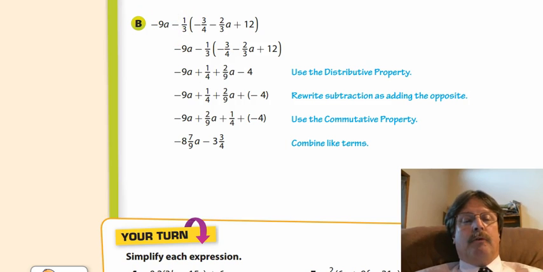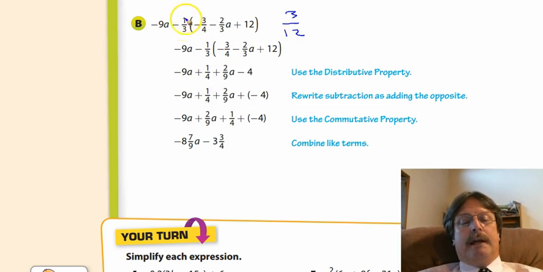So here in example B, now they're just using fractions, okay? They're still using negatives, so we have to remember that. So a negative times a negative is a positive. If we take 1 times 3, that's 3, and 3 times 4 is 12. So 3 over 12, and then they simplify that, so that's 1/4.